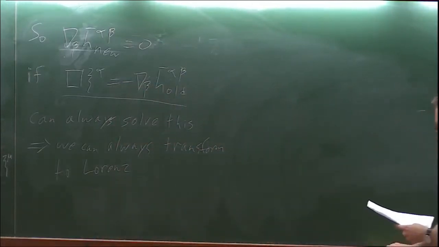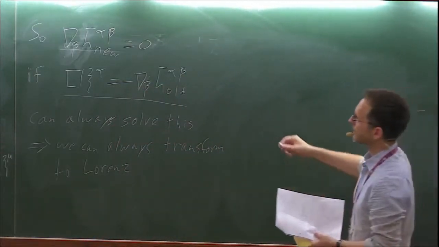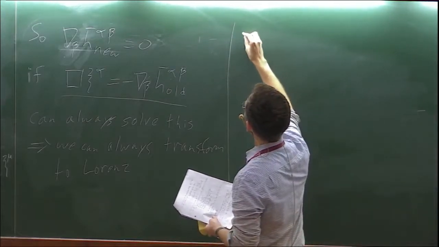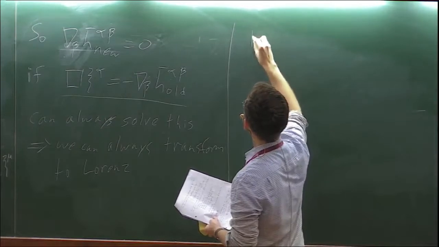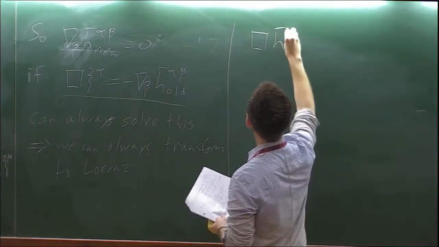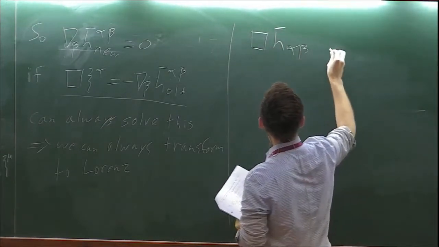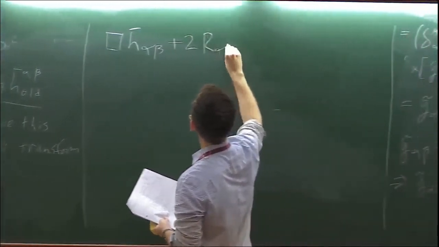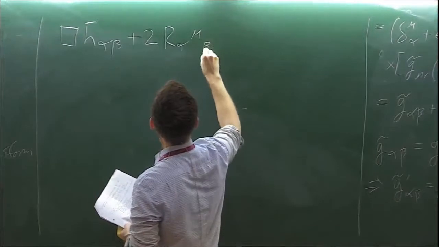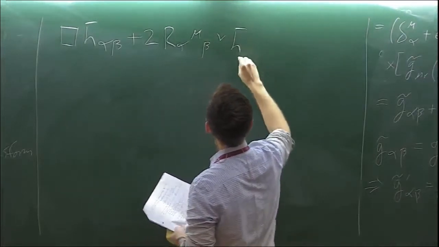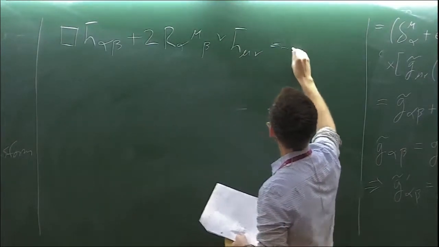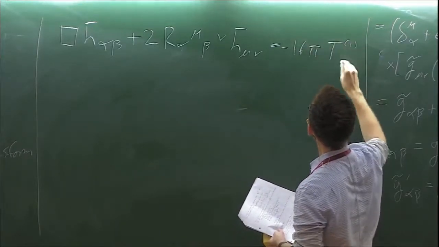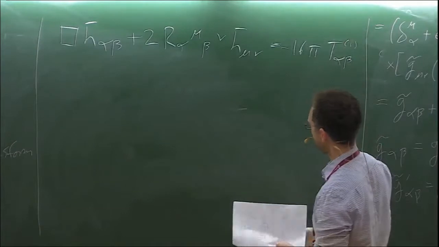Okay, so now we're just going to look at the Lorenz gauge field equation, which is the box of h bar alpha beta plus 2 times Riemann alpha mu beta nu h bar mu nu is now minus 16 pi T1 alpha beta.